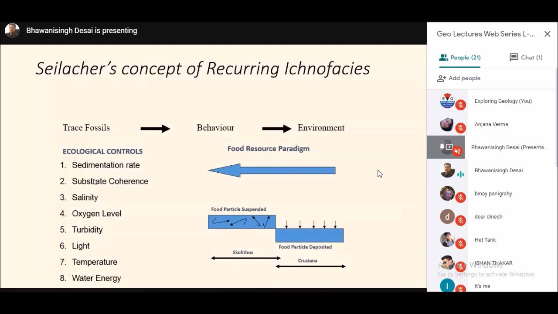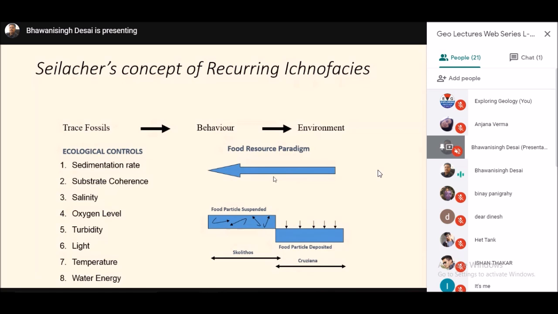In this condition, you can imagine the hydrodynamic condition. Your organic matter, which is very fine-grained, cannot settle on the substrate. It will always be floating in the water column. On the other hand, if you go below wave base, since that agitation of water is not there, all my fine organic matter will settle on the sediment.